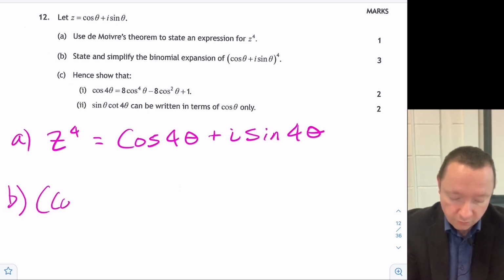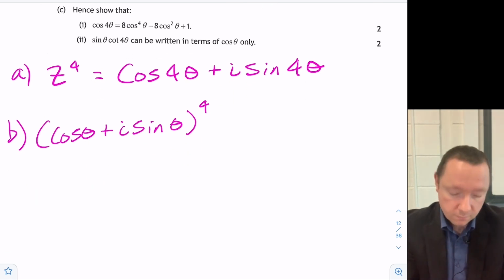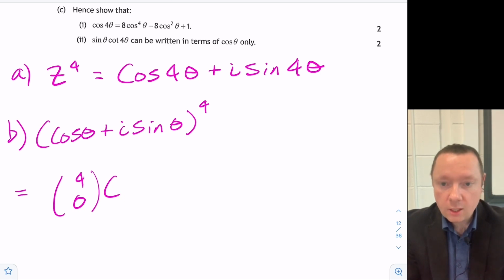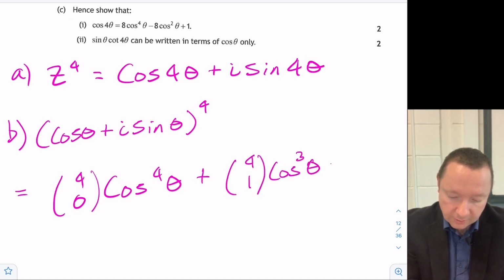So we've got cos theta plus i sin theta to the power of 4. I'll need quite a bit of space for this one. So we've got 4 choose 0 of cos to the power of 4 theta. And then we'll have 4 choose 1 cos cubed theta, i sin theta.